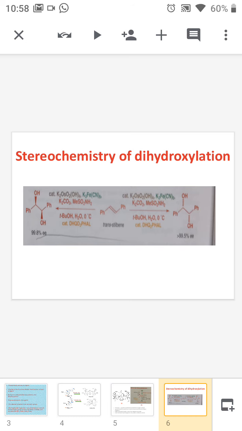This is the chiral Sharpless dihydroxylation, and this is its stereochemistry. Do not bother about the DHQ structure. I have shown the structure just for understanding the complex structure of DHQ and DHQD. Okay. Hope you understood the concept. Thank you.